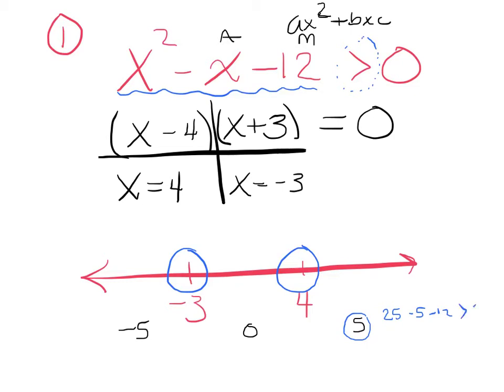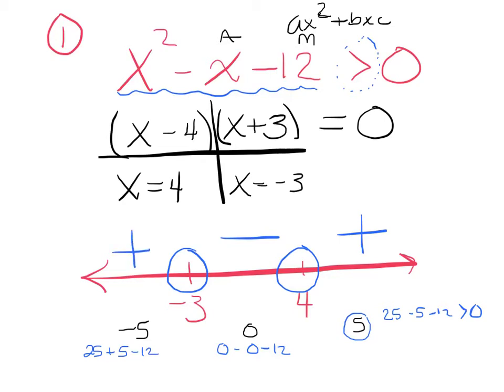I get a positive number, so I'm going to put a plus sign here. I'm going to do the same thing with 0. I'm going to get 0 squared minus 0 minus 12. This time that's telling me I'm going to get a negative number. And then I'm going to do the same thing with negative 5. Negative 5 squared is positive 25, minus a negative makes that a plus 5 minus 12. That is going to be a positive number.